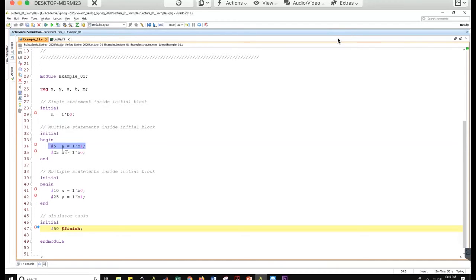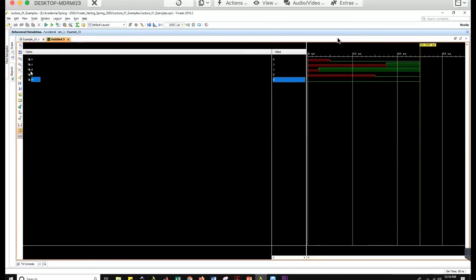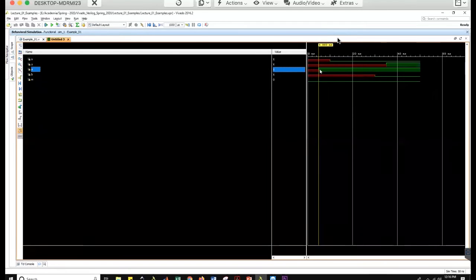And what is this? This is the initialization for the a variable. If we look at the a variable, initialization starts at t equal to 5. I'm not able to place the cursor exactly, so excuse me for that, but it is actually t equal to 5 nanoseconds.